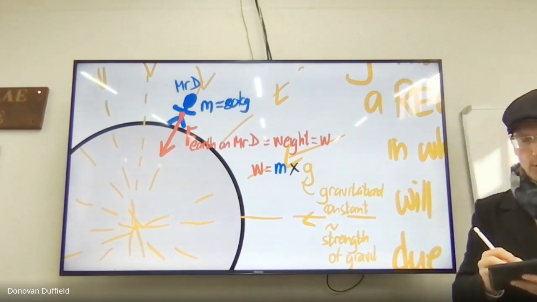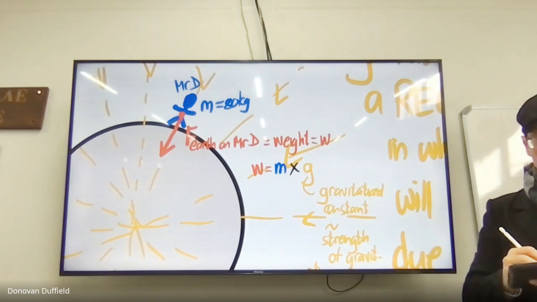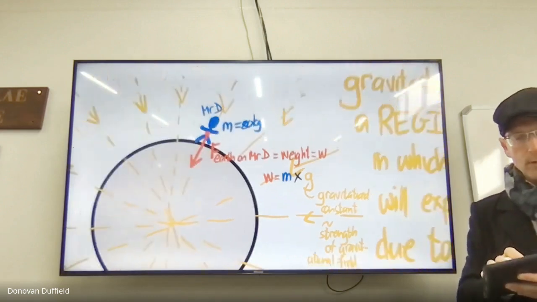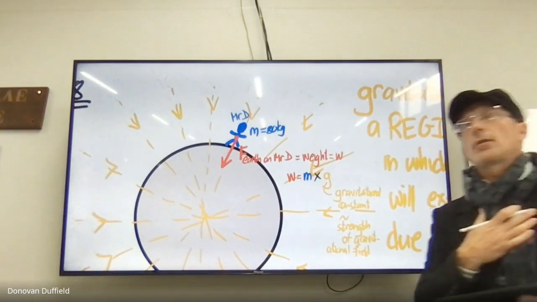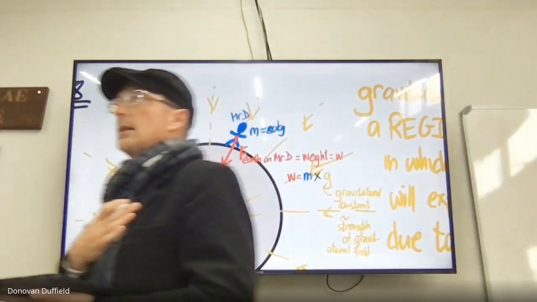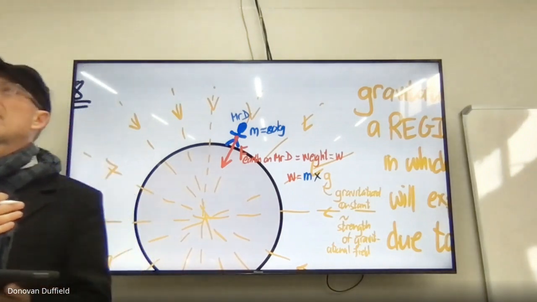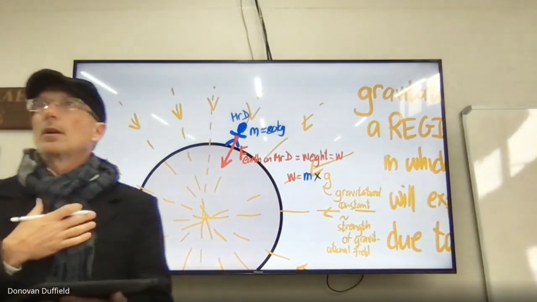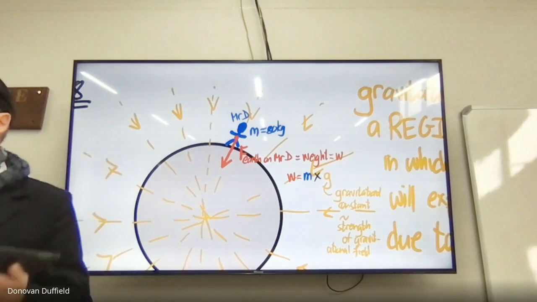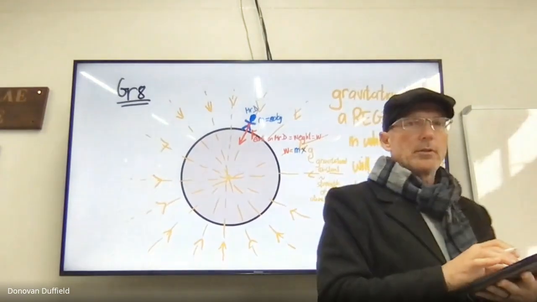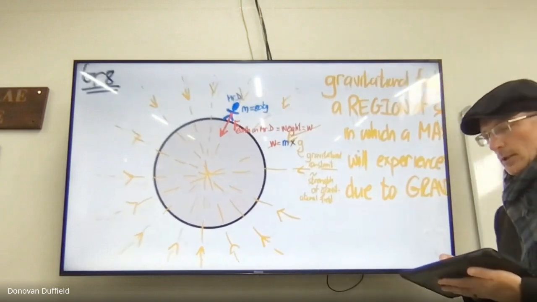The stronger the gravitational field, the higher the value of G. On the surface of the Earth, G is about 9,8 newtons per kilogram, but on the surface of the moon it's about 1,67, because the moon is smaller, so it's got less mass and the gravitational field is weaker.